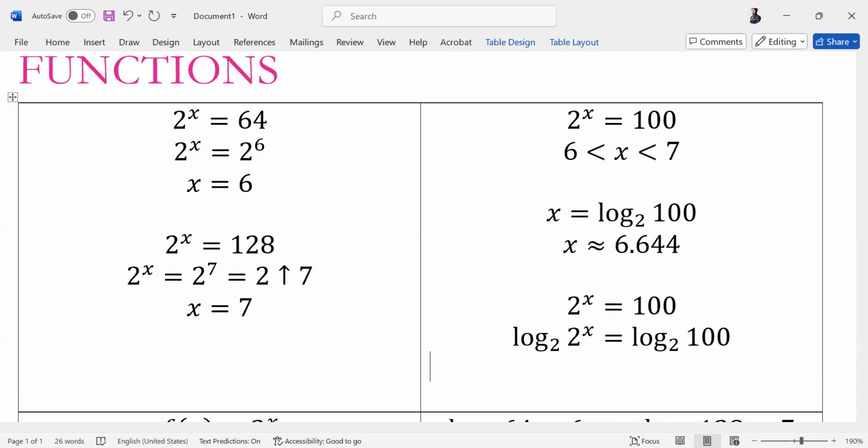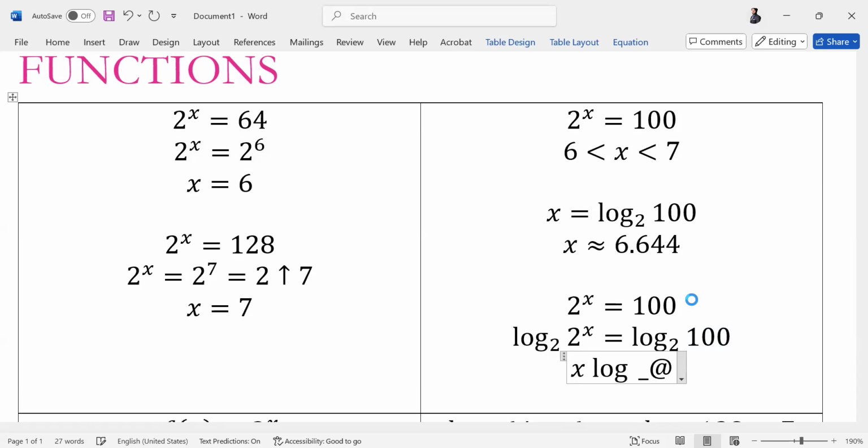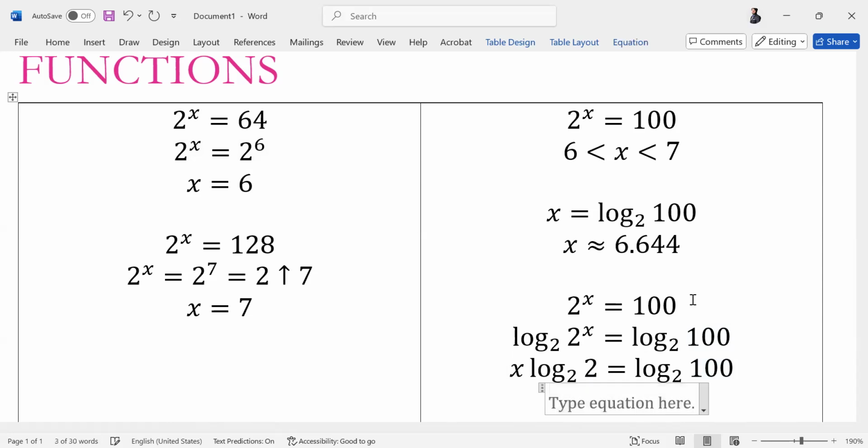Now, this power can be written this way. What is log 2? Getting it now? समझ आई बात?